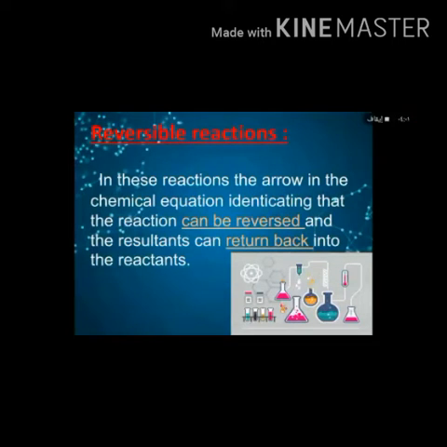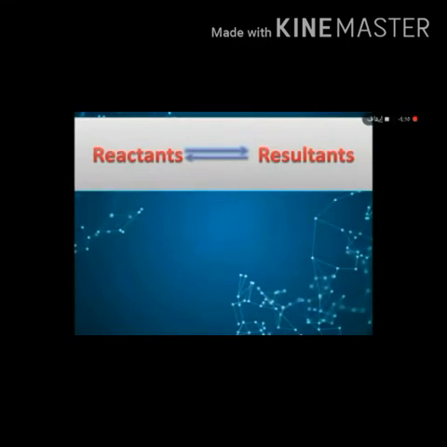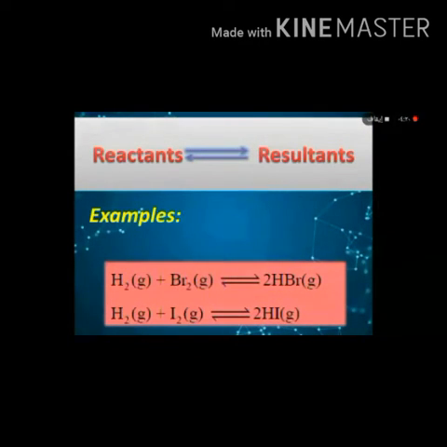The reversible reactions. In these reactions, the arrow in the chemical equation indicates that the reaction can be reversed, and the resultant can return back into the reactants. For example, when we react the hydrogen gas with the beryllium gas, we're going to get two hydrogen beryllium.